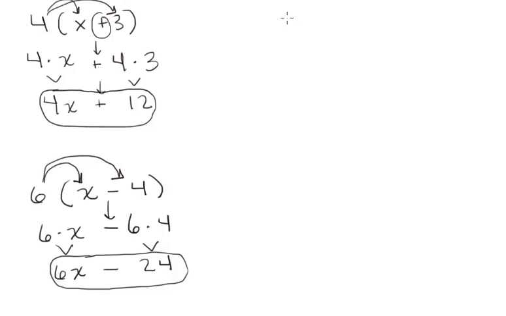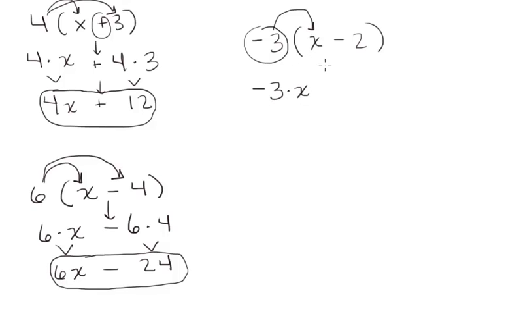Now let's try a negative. Negative 3 times x minus 2. You need to distribute this whole term. So negative 3 times x is negative 3x.